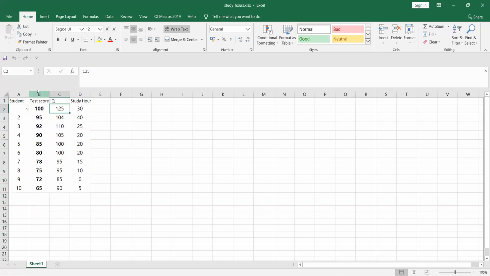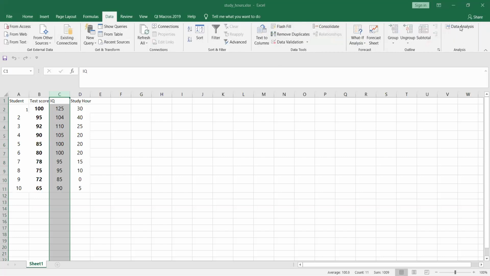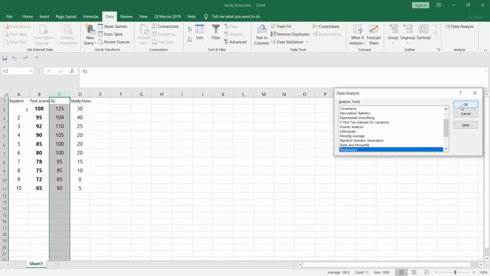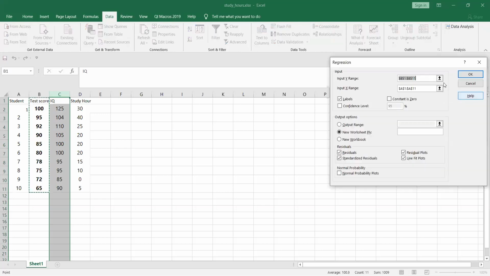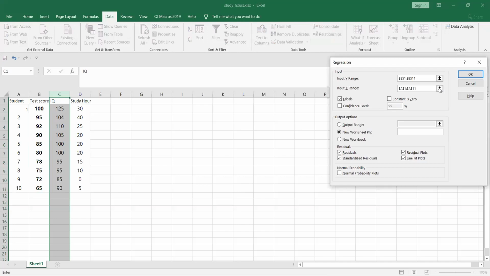So this is your Y and this is your X. You are going to find out beta 1 and beta 2 over here. Again, the same thing, go to data analysis, select the output range, select the X range.